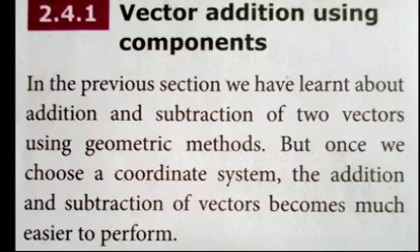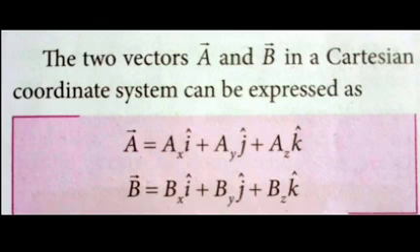First we are going to discuss addition. Consider two vectors, A vector and B vector, represented in the Cartesian coordinate system. That is, A vector is represented as ax i cap plus ay j cap plus az k cap. Similarly, the B vector is represented as bx i cap plus by j cap plus bz k cap.